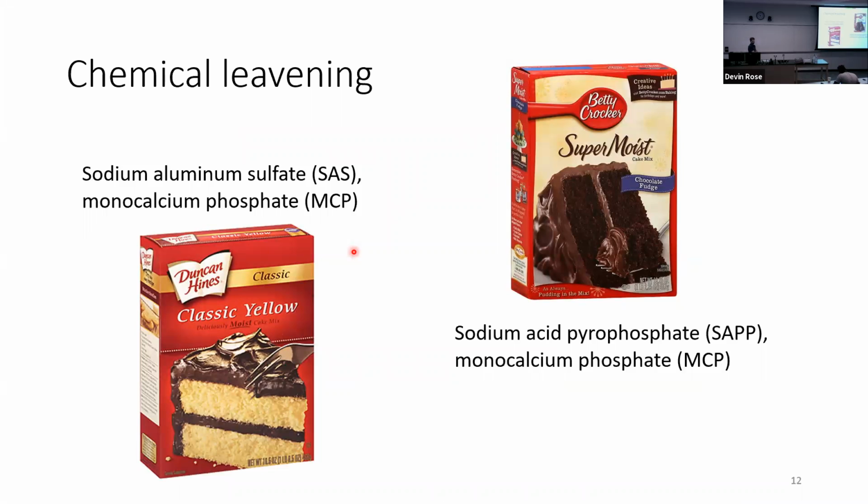Here's some cake mixes. And these cake mixes are definitely going to have a combination of slow acid, sodium aluminum sulfate, and then a fast acid, monocalcium phosphate. The fast acid in baking powders is almost always, if not always, monocalcium phosphate.